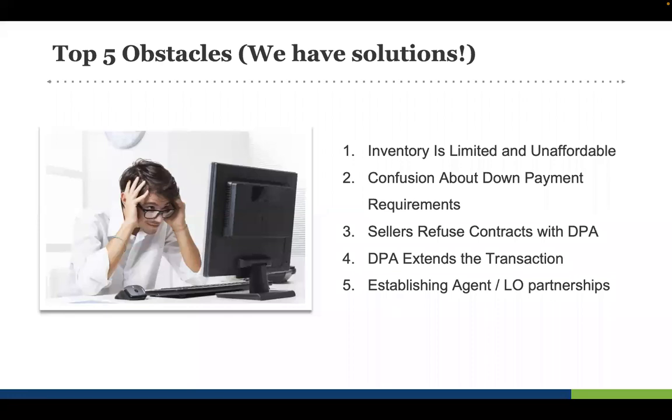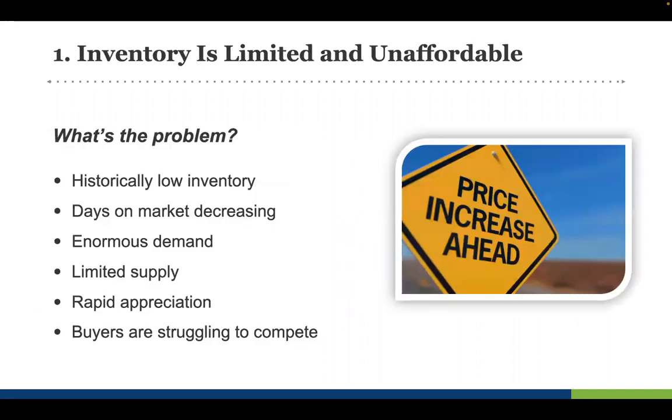There are concerns about whether or not down payment assistance programs will extend or delay the transaction. So we'll address that. And then lastly, we think there are some issues with establishing agent and LO partnerships. And we're going to talk about what we think those issues are. And then we're going to provide some solutions for overcoming that and getting the right parties connected to be able to effectively produce down payment assistance opportunities for more buyers.